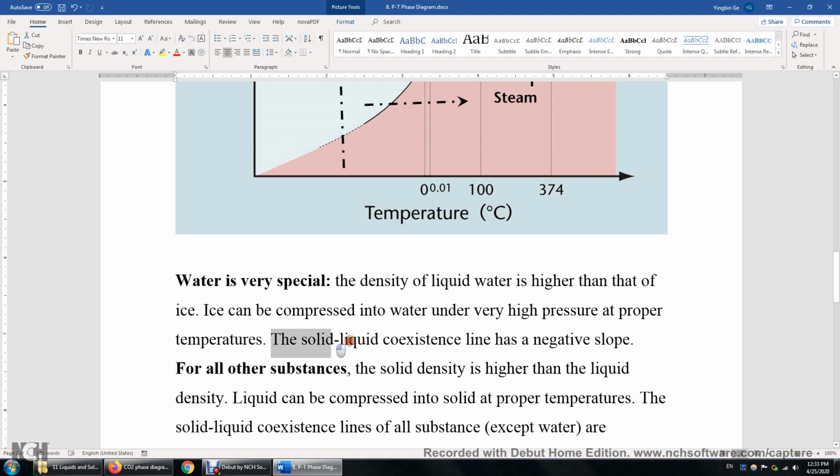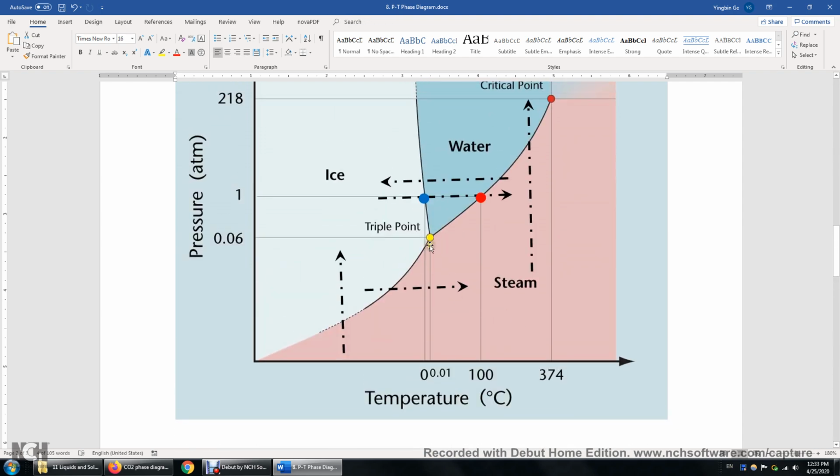Now let's look at this solid-liquid coexistence line again. It has a negative slope. This line is the coexistence line between the solid phase and liquid phase, and this line has a negative slope. That means when pressure increases, the melting point decreases.